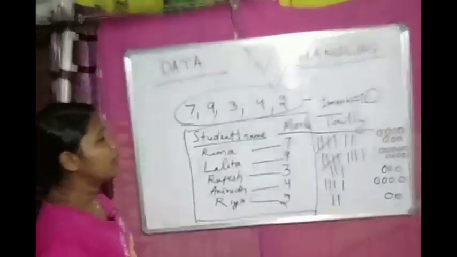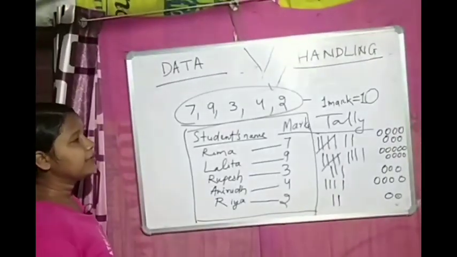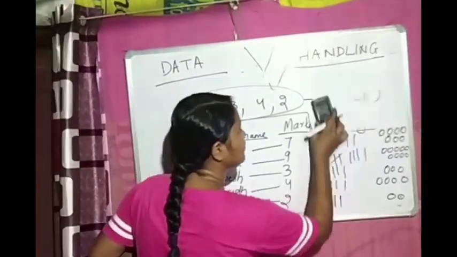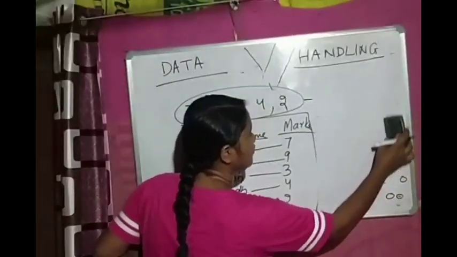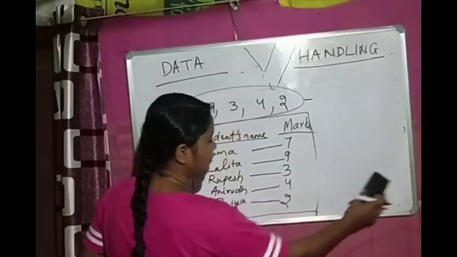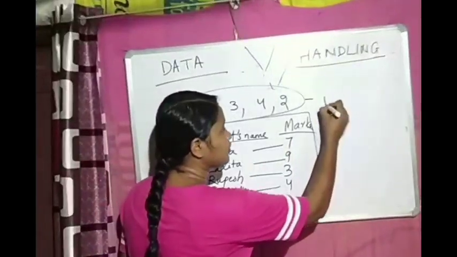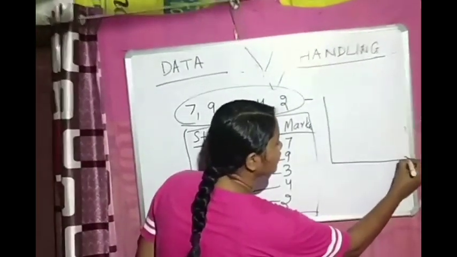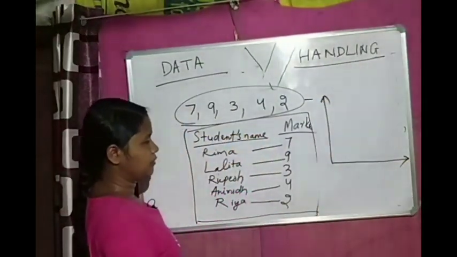Okay. So I will show how to represent it in a bar graph. We'll take two perpendicular lines.